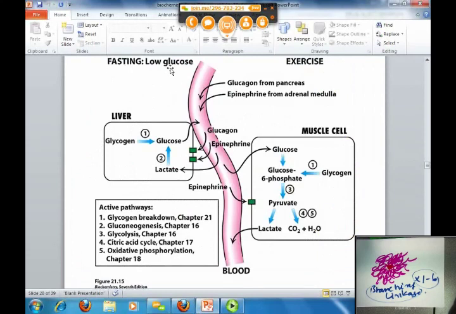And this is the fasting state, what happens with low blood glucose, how that is being converted, and during exercise in the muscle cell, how glycogen is being broken down in both different pathways, and getting into the blood and the circulation.